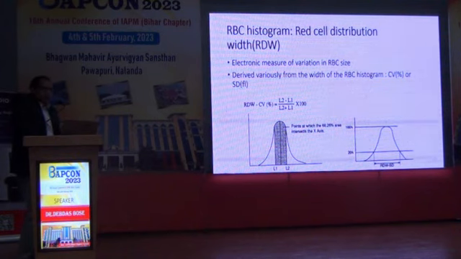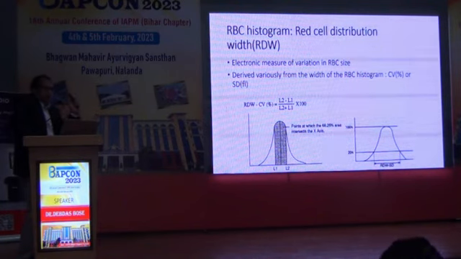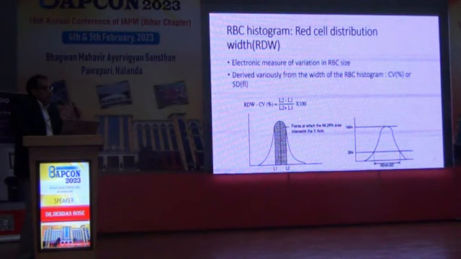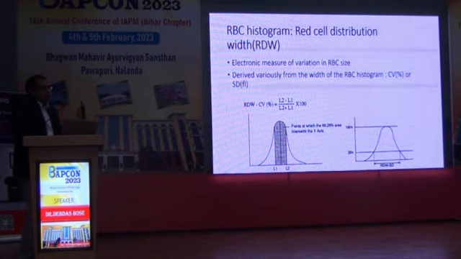Even if they give it, usually it is RDW CV. The coefficient of variation type of RDW is popular, but it does not truly reflect RBC anisocytosis. RDW SD is much more accurate than the RDW CV.